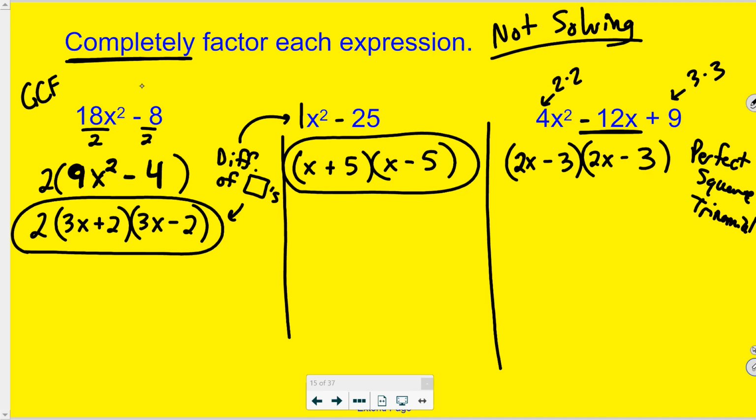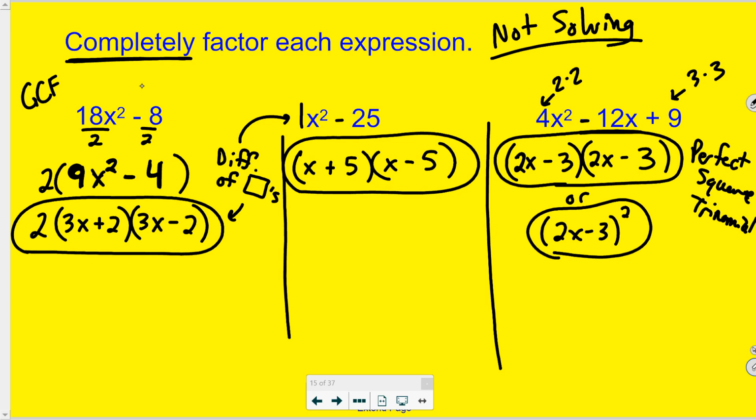What you also should realize is that this could be rewritten as the binomial to the second power, instead of writing that binomial twice, because it's literally the same thing. Couldn't do that over here because one was a plus, one was a minus. But if they both have minuses, then we could write it as that binomial to the second.